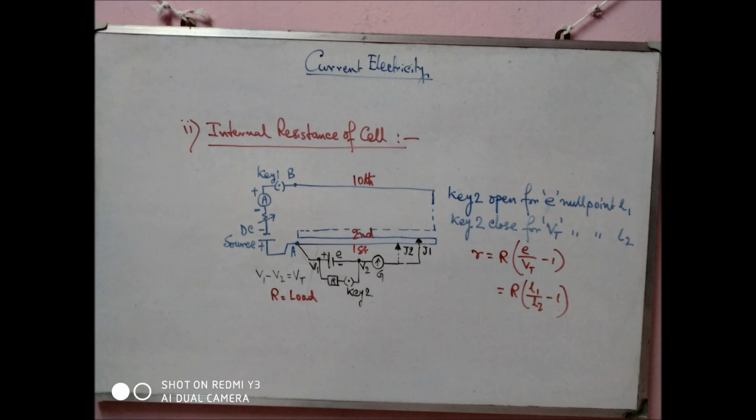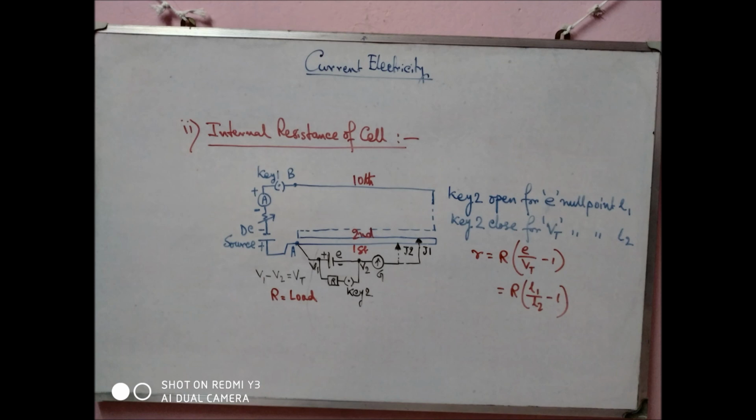Here instead of 2 EMFs we have used only 1 EMF, because we have to find the internal resistance of that cell. So that EMF is E. Now between the two terminals of E in the external circuit we have connected a resistance, that is the external resistance or load resistance, or simply load, with a key K2.